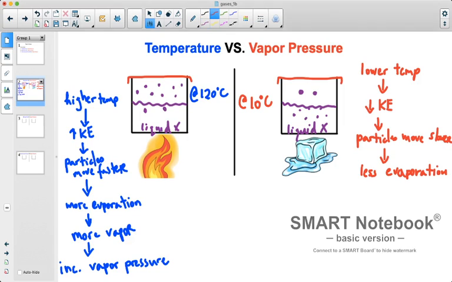So naturally, less evaporation means fewer vapor particles. Each of those vapor particles pushes on the container and on the surface of the liquid. So as we have fewer vapor particles, we're also going to see a decrease in vapor pressure.